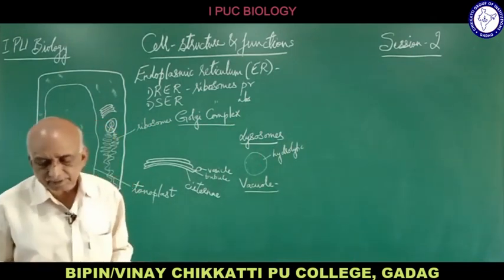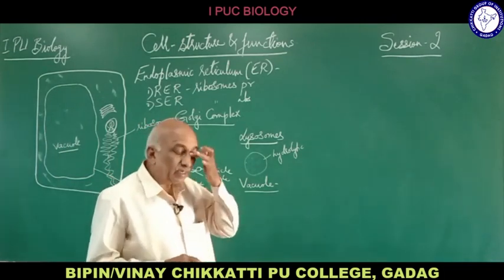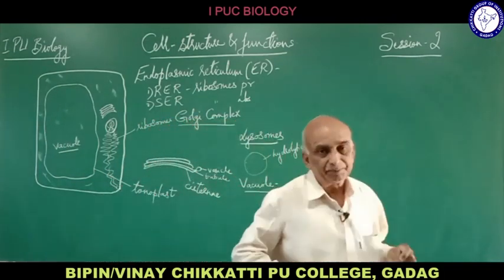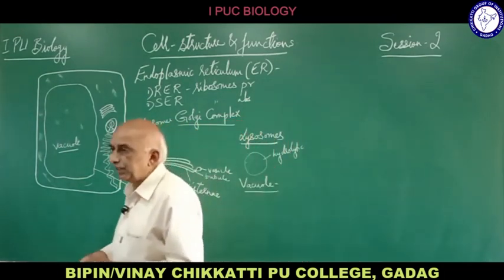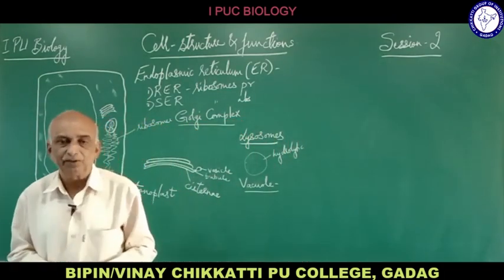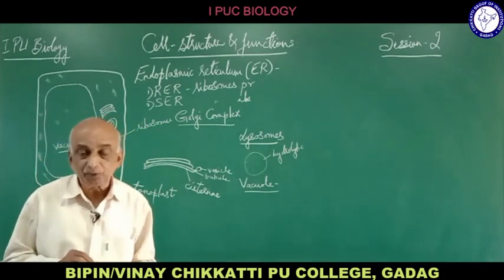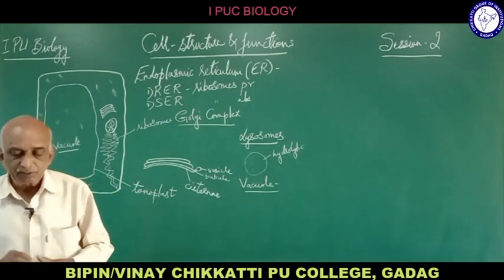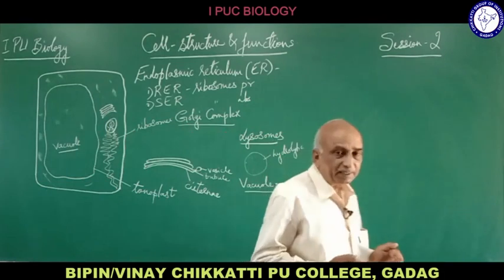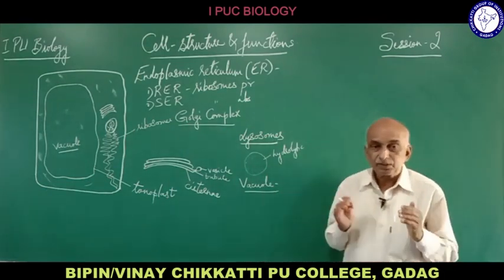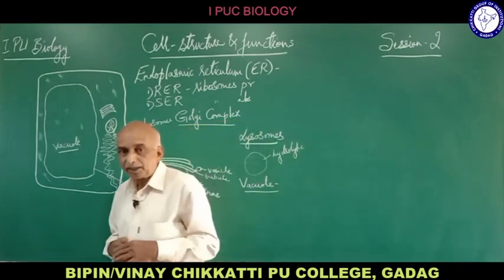In certain cases this vacuole helps in excretion. Especially in amoeba, if you remember the structure of the amoeba, there is a vacuole which we label as the contractile vacuole. This contractile vacuole helps in excretion, the removal of waste materials. Here the excretory material or waste is stored in the vacuole, which we call a contractile vacuole.